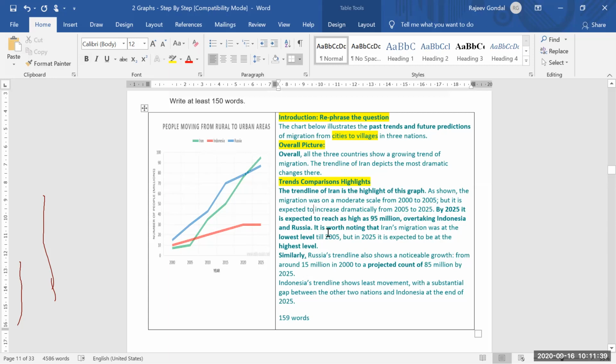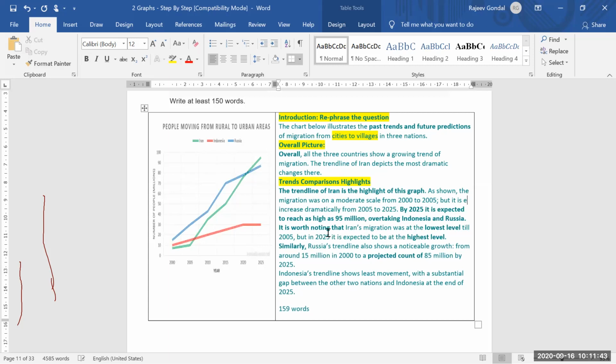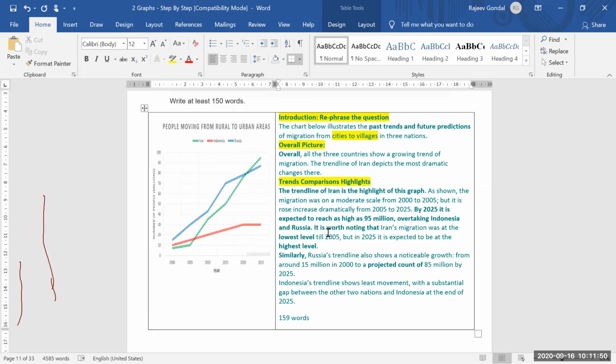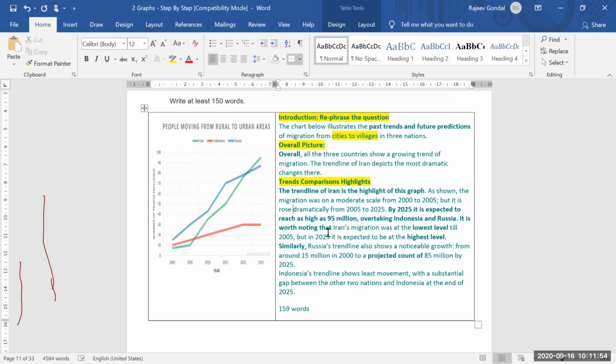I should say, but it grew, or it rose dramatically from 2005 to 2025. Now see, 2025 is the future. Still we are saying it rose dramatically from 2005 to 2025. We are talking about the trend line, not of the trend.